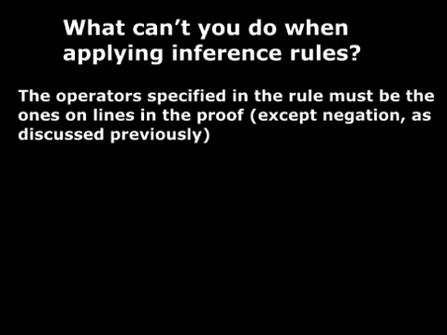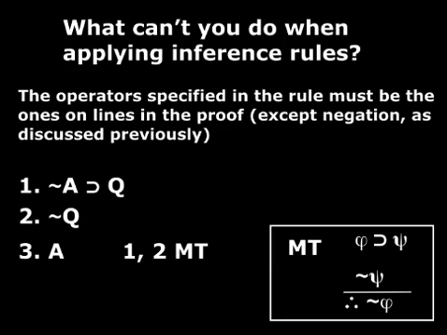What else can't you do? Well, the operators specified in the rule have to be the same ones that you have in the lines of the proof that you're applying the rule to. So for example, here's modus tollens again. This is the same thing. You have a conditional, negation of the consequent, negation of the antecedent. What you couldn't do, though, is say, oh, look, maybe I can use the rule of modus tollens on a disjunction, right?